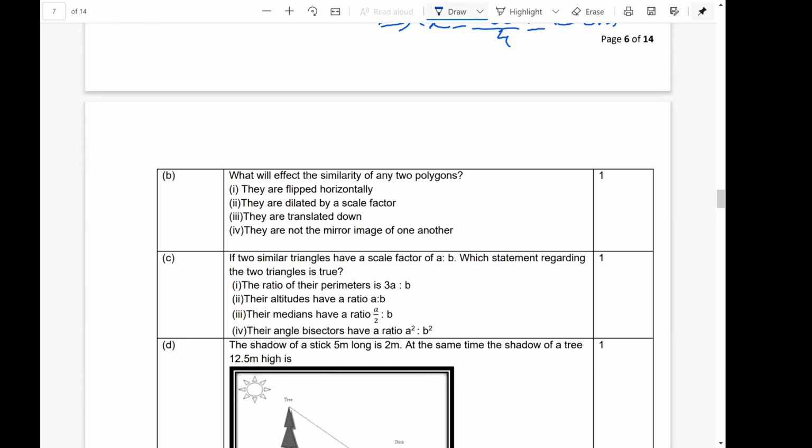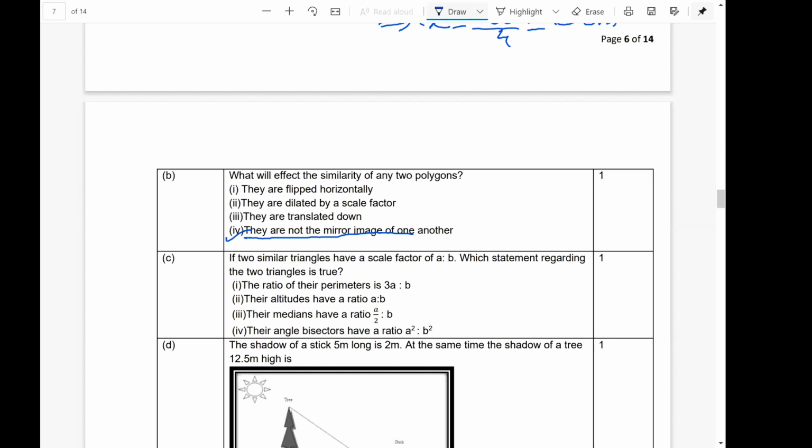Then also the polygons will be similar. They are not the mirror image of one another. So then they won't be similar. So the correct option is option 4. That is, they are not mirror images of one another. Then their shapes will not be same. So this is the answer for the question B.